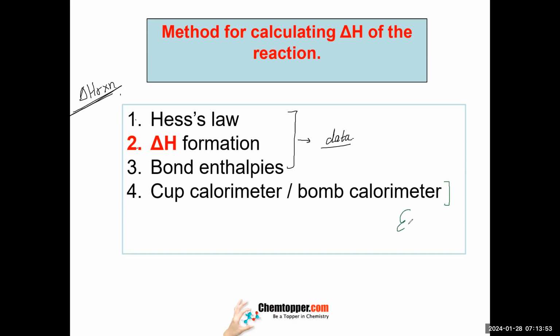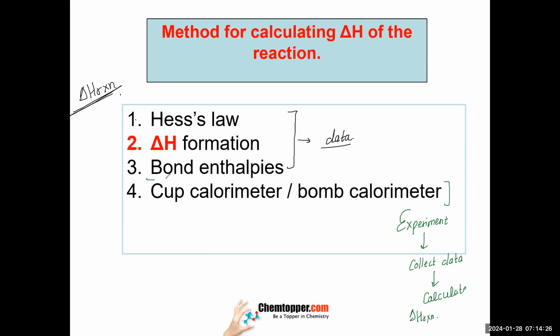You have to perform an experiment, collect data, and from that data calculate delta H of the reaction.